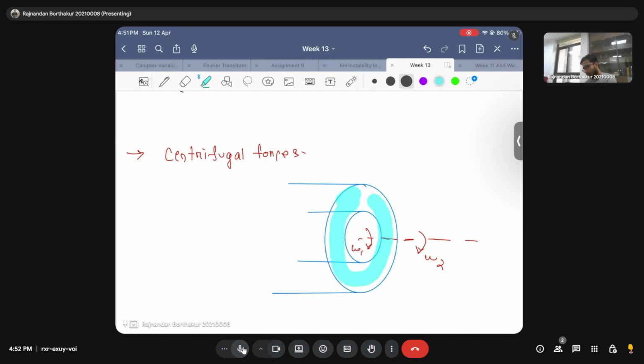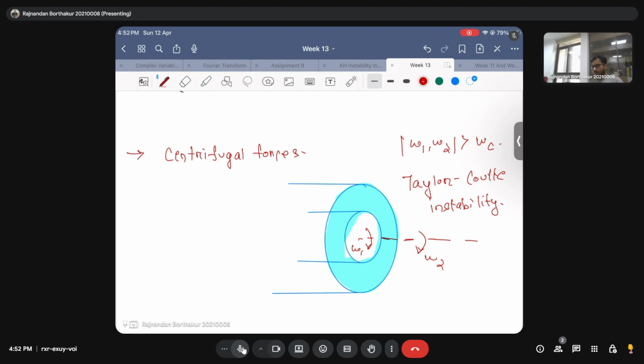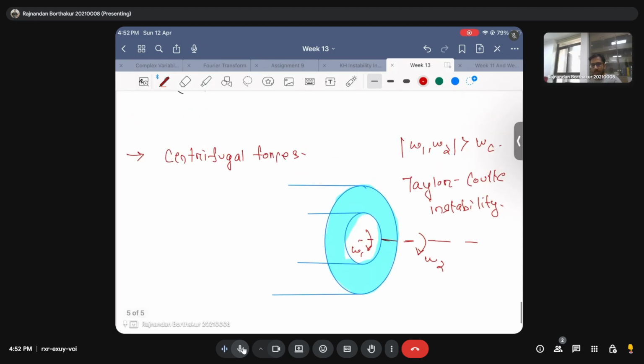This was the example that we solved initially, when we were trying to understand the Navier-Stokes equation in cylindrical coordinates. Now if the rotational speeds of the cylinders, omega 1 and omega 2, exceed a certain value, let's say omega c, then instability kicks in, and this is known as Taylor-Couette instability. So this is instability due to centrifugal forces.